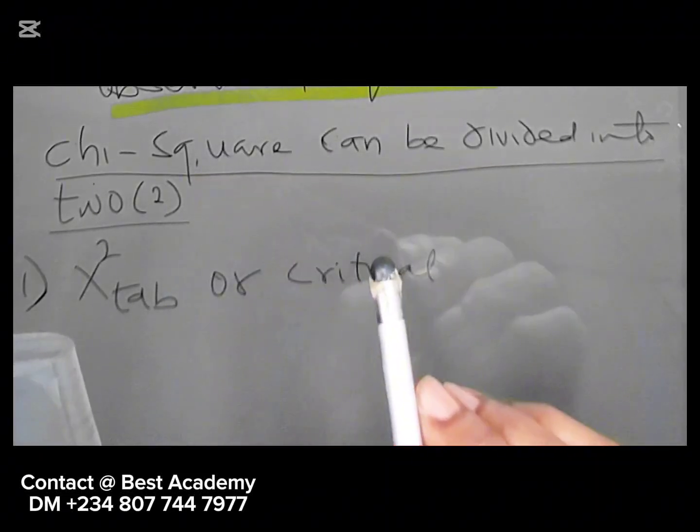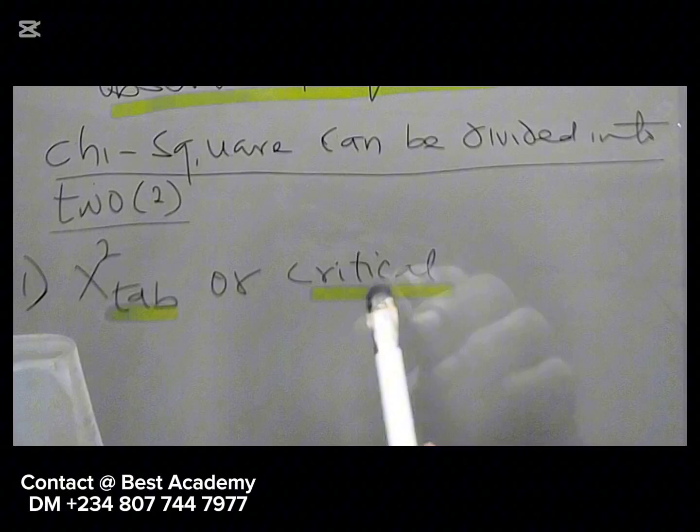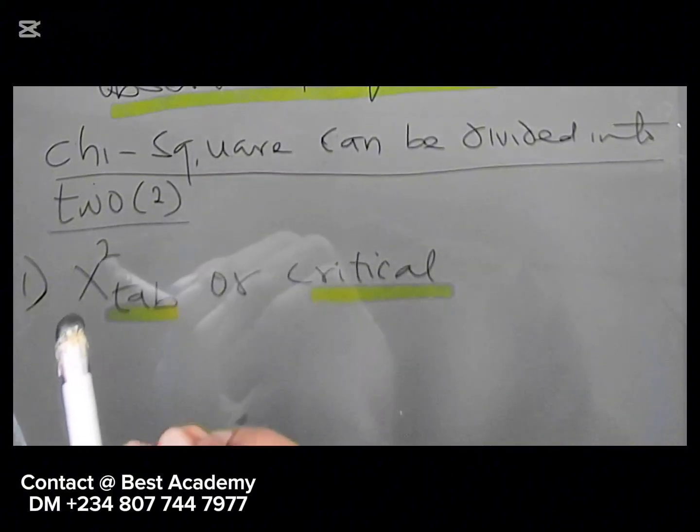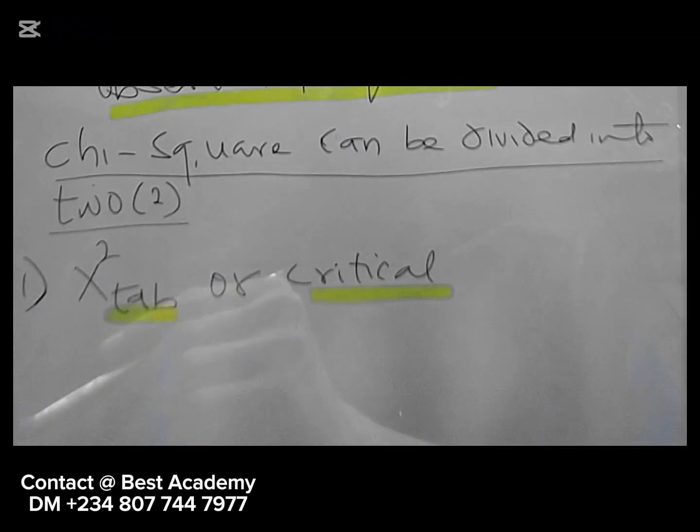So either you call it chi-square tabulated or chi-square critical. We use χ² to denote chi-square. Please take note.